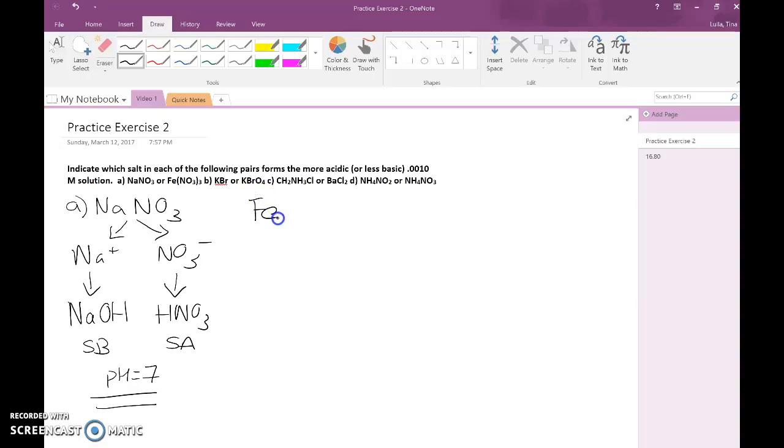Now, this is actually one that we didn't talk about on Friday. Okay, so when we break this into ions, NO3-, HNO3 here, strong acid, that side's easy. But here, we don't really have a base to go to, right?